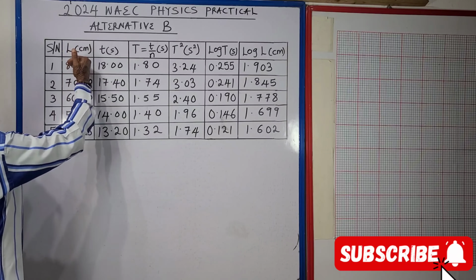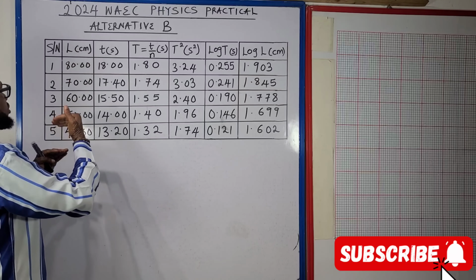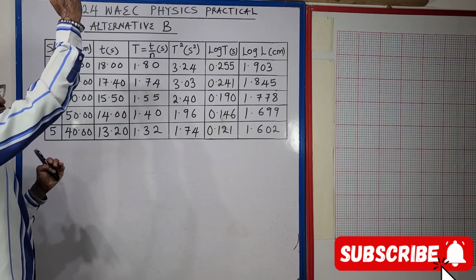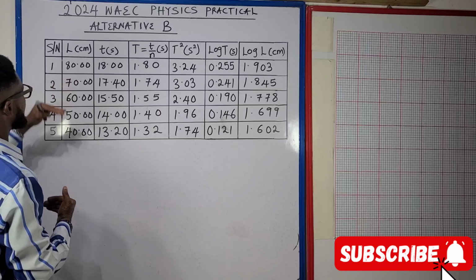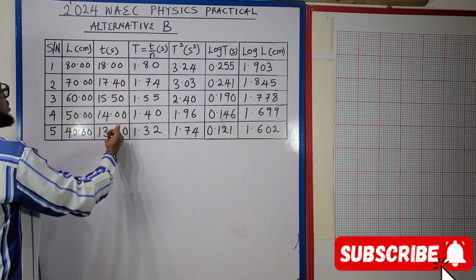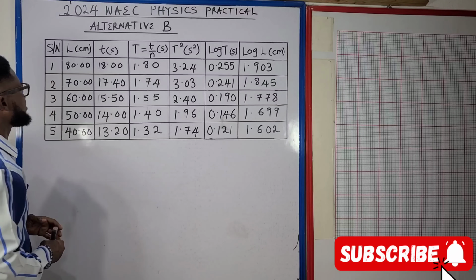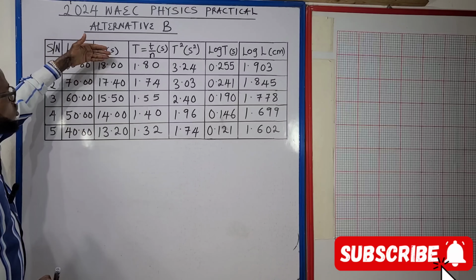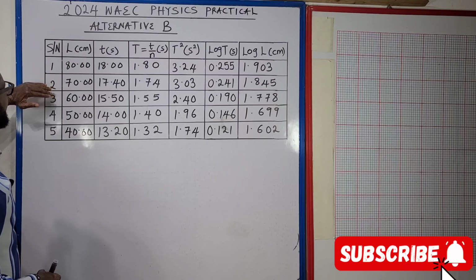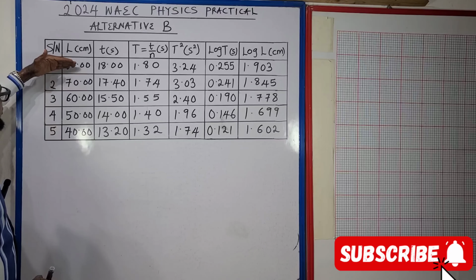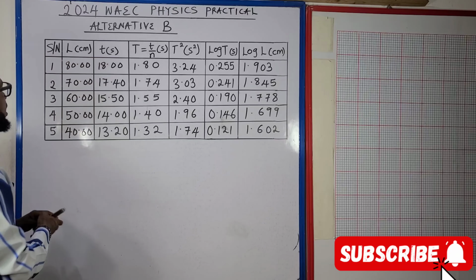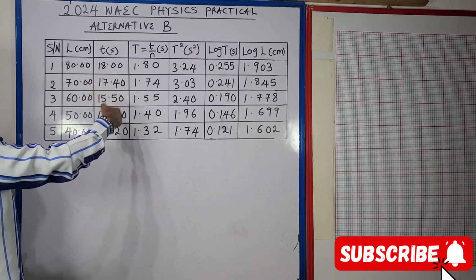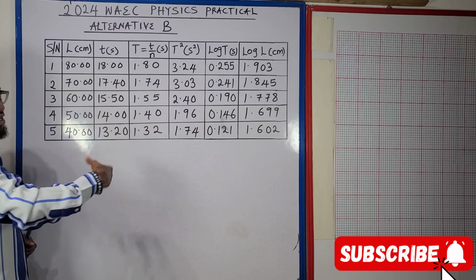And when the length of the thread was reduced to 70, the timing had reduced. So what this means is that when the length is more, the timing was more. When the length was reducing, so was the timing; it was faster.